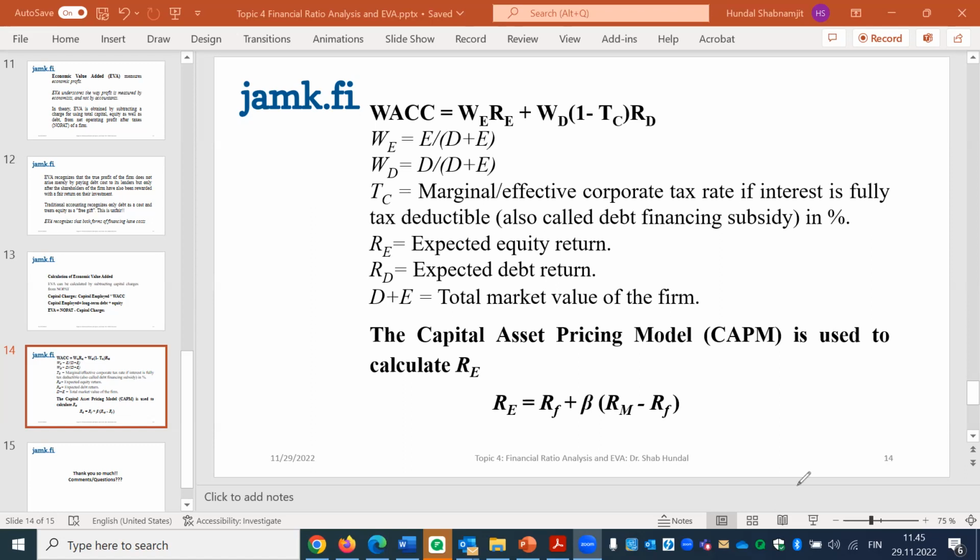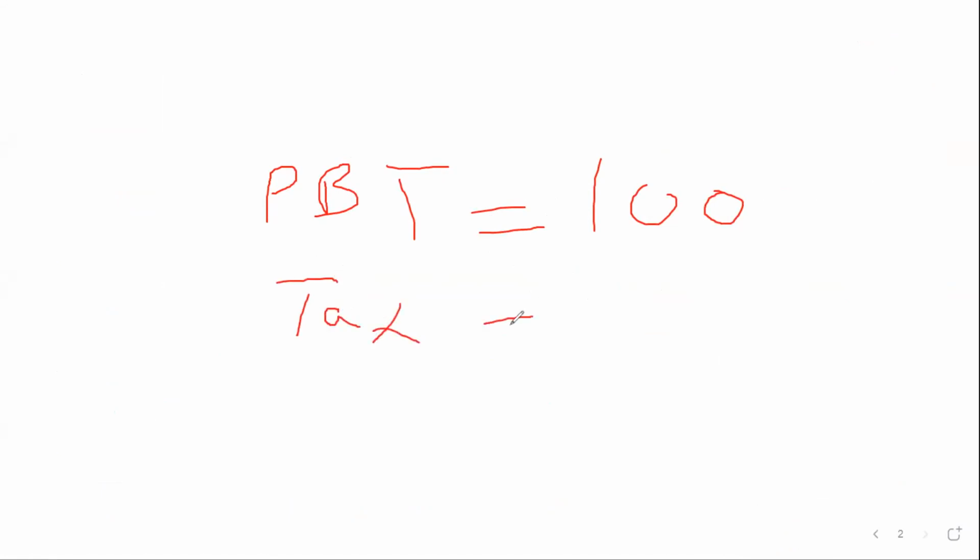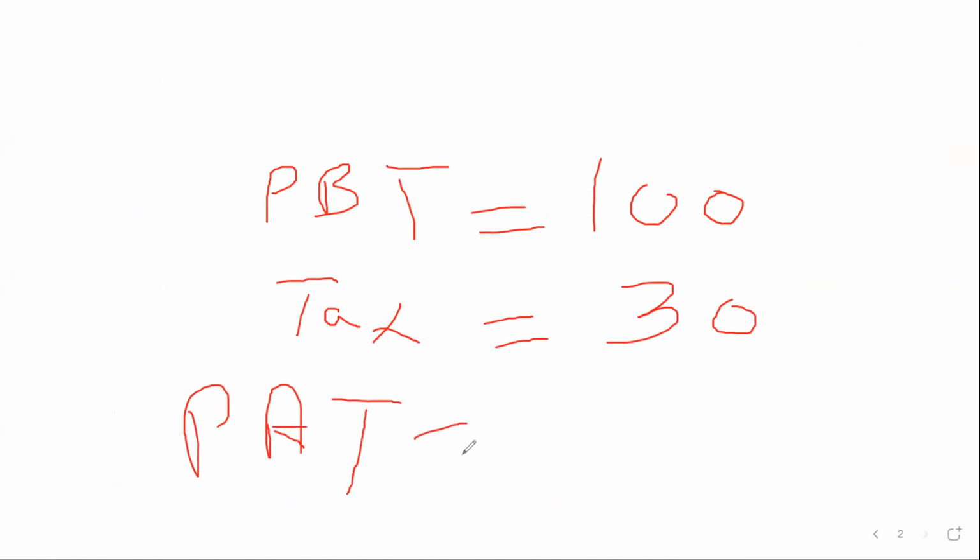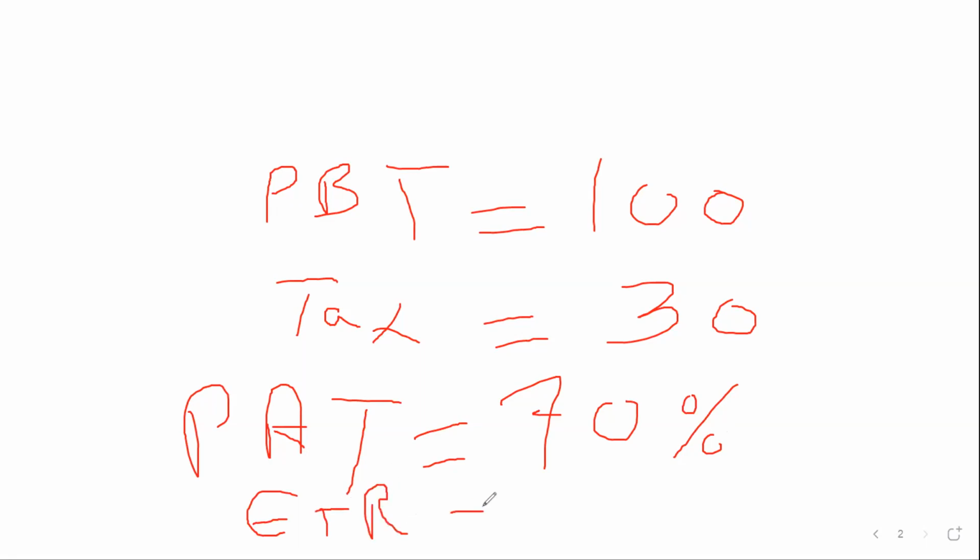Hypothetically, if the profit before tax is 100 and the company pays tax of 30 euros and the profit after tax is 70, then the marginal tax rate, or we call it effective tax rate, is equal to the tax you pay divided by the profit before tax, which is 100.